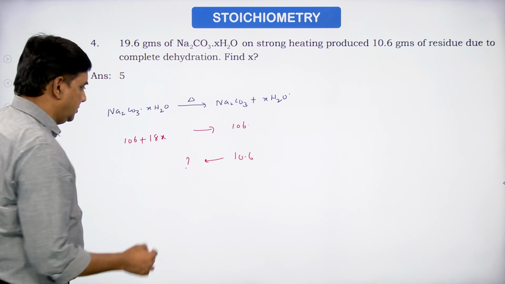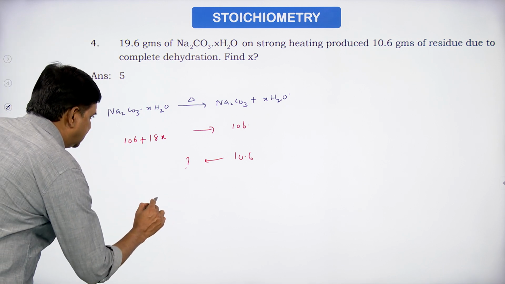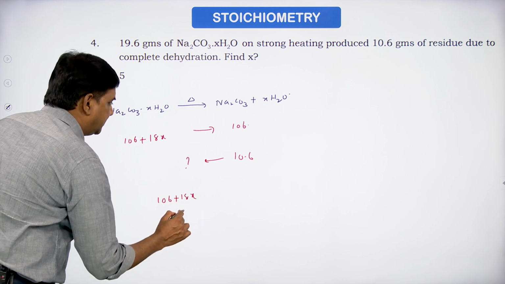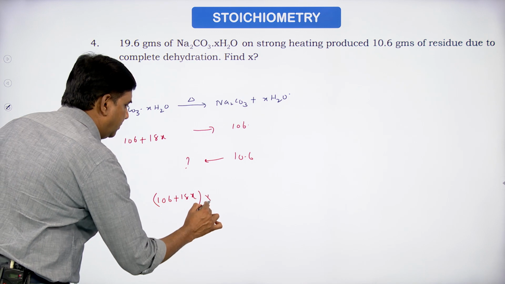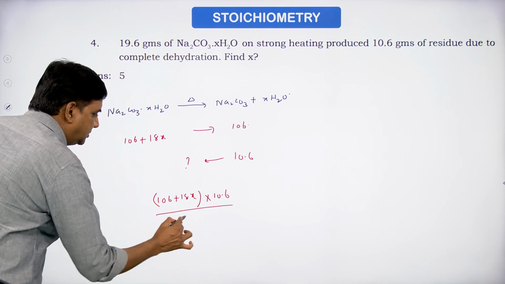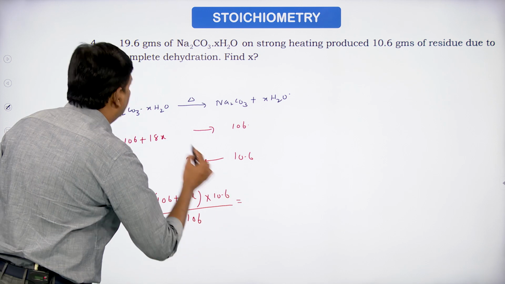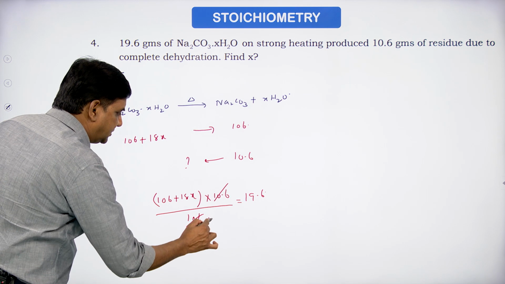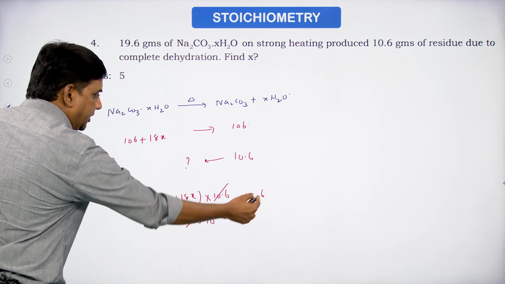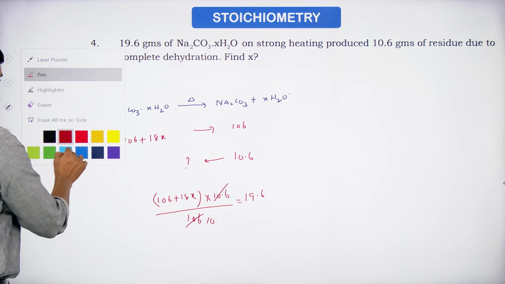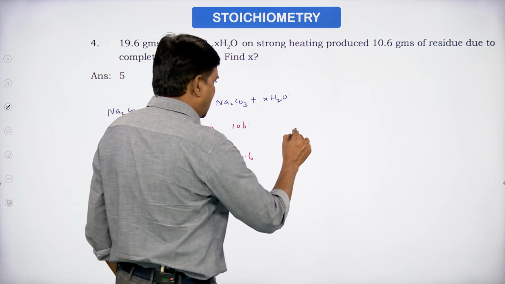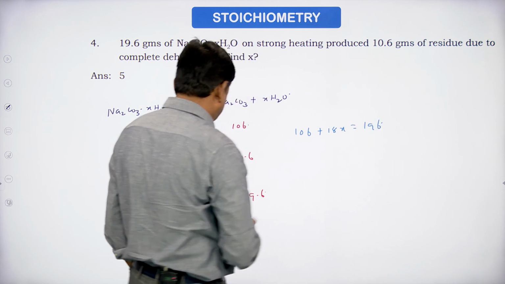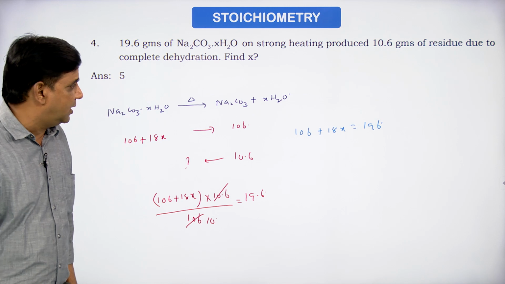If you do this problem, that is 106 plus 18x into 10.6 by 106 is equal to 19.6. And this is 10 times and 10 goes this side, then it becomes 106 plus 18x is equal to 196, because 19.6 into 10 is 196.